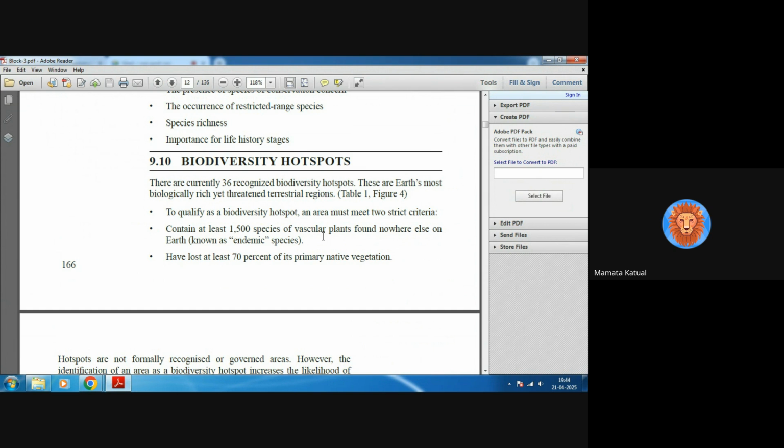So if they are not found anywhere but are present only in that area, then it is known as endemic. So it must contain at least 1500 species of vascular plants which are endemic.